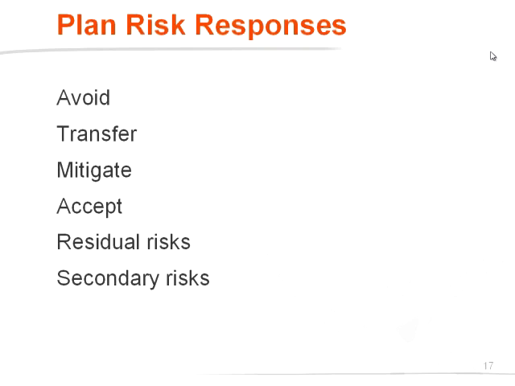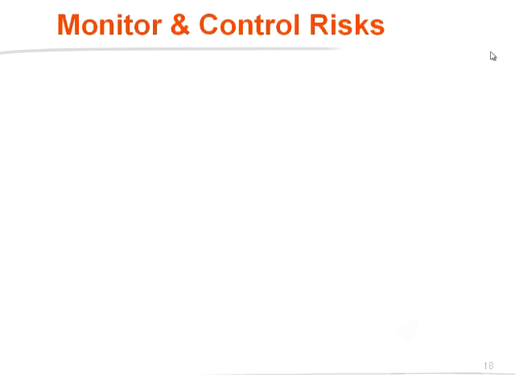Right. But you mentioned earlier on that risk identification is something that is ongoing, and there's another process that's ongoing and that happens all the time in your risk management activities, and that is monitor and controlling of risk. Yeah, it's a kind of umbrella process.